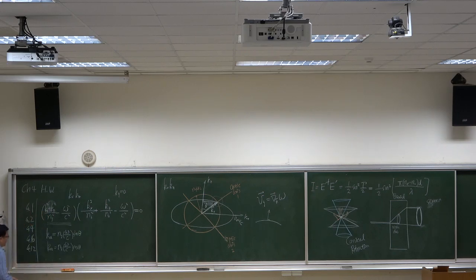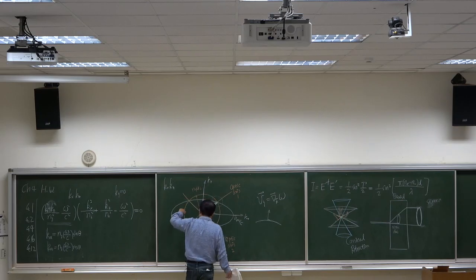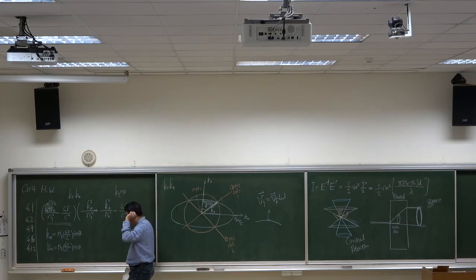This parametrization is obtained by the fact that now the k0 vector is on this circle, and it makes angle theta with respect to the z-axis.